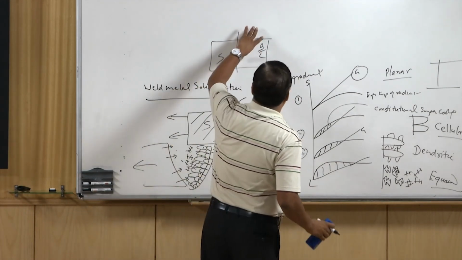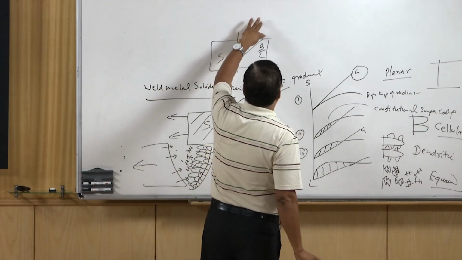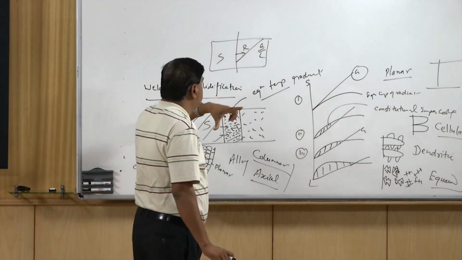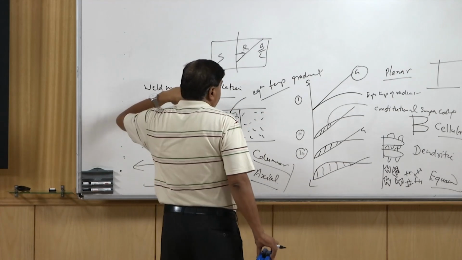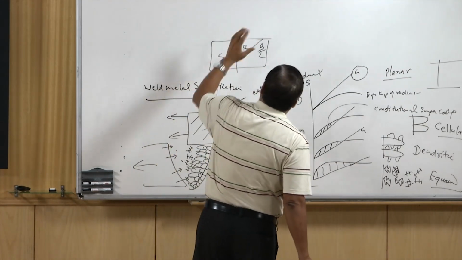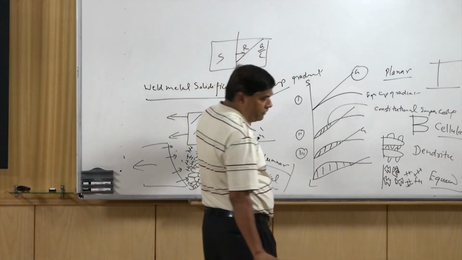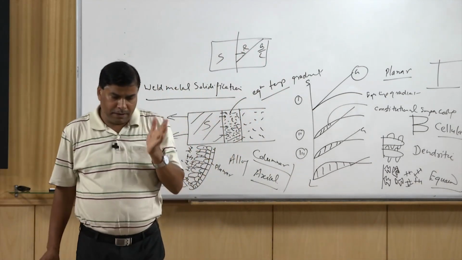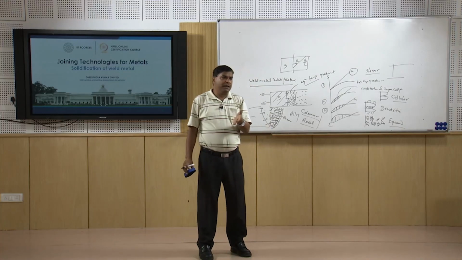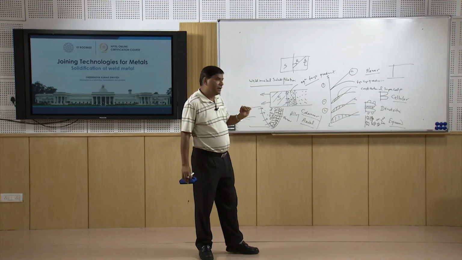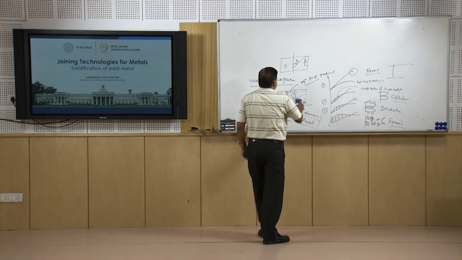The temperature gradient is simple: what is the liquidus temperature, what is the solidus temperature, and what is the gap between the two. And how fast it is moving, and, due to the enrichment of the alloying elements, how far the reduction in the liquidus temperature is taking place.